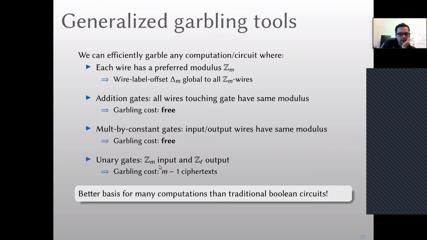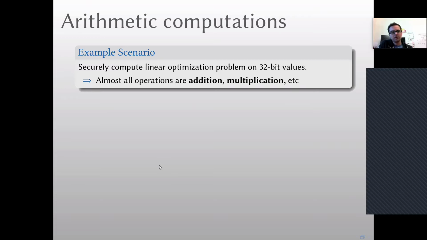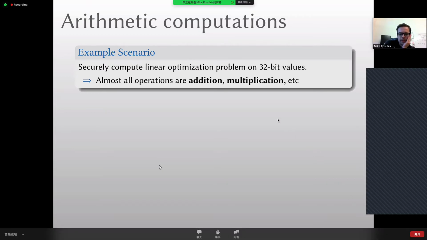So I'll try to convince you that for some computations, using this set of ideas, even though all of these ideas are very simple, this gives you much better performance than a Boolean circuit. So let's imagine you're doing some secure computation task that involves lots of additions and multiplications on 32-bit values.